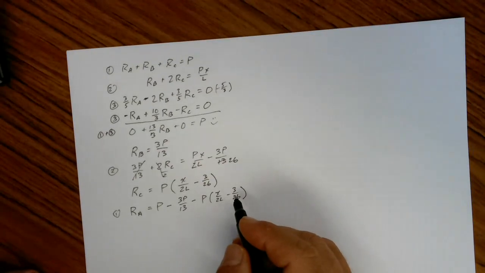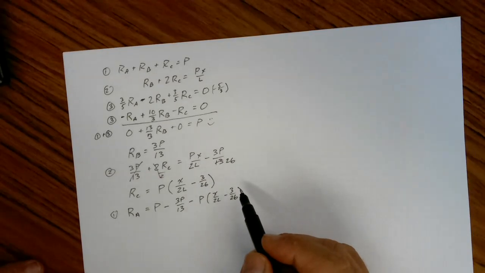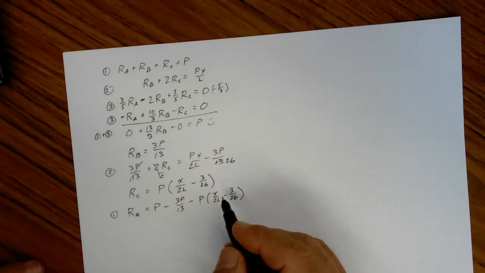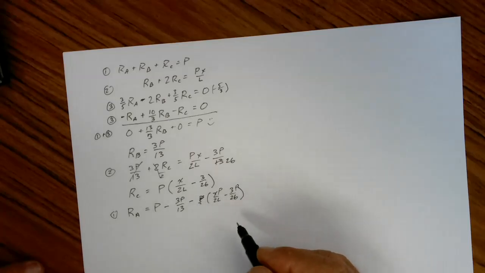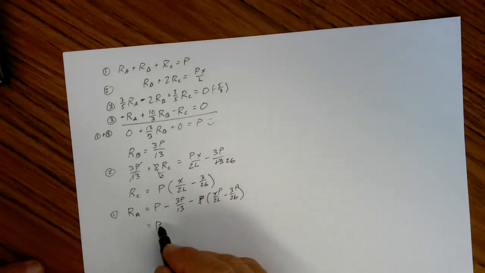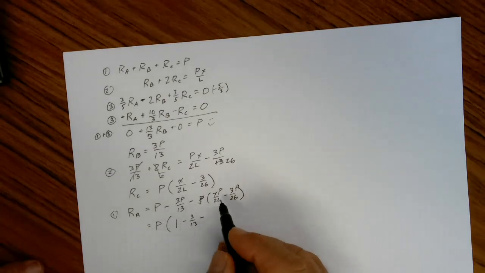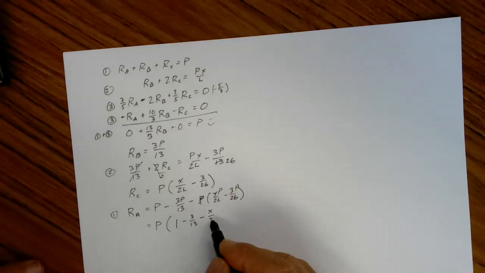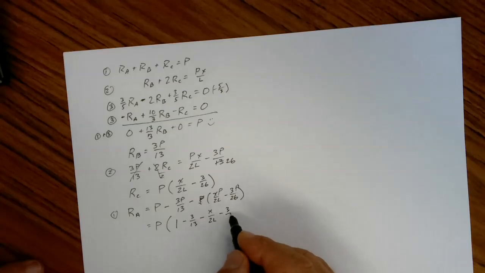Let's distribute this out again, same as we had right here. So that's X times 3P over 26, and then pull P out. I get 1 minus 3/13 minus X over 2L and minus 3 over 26.